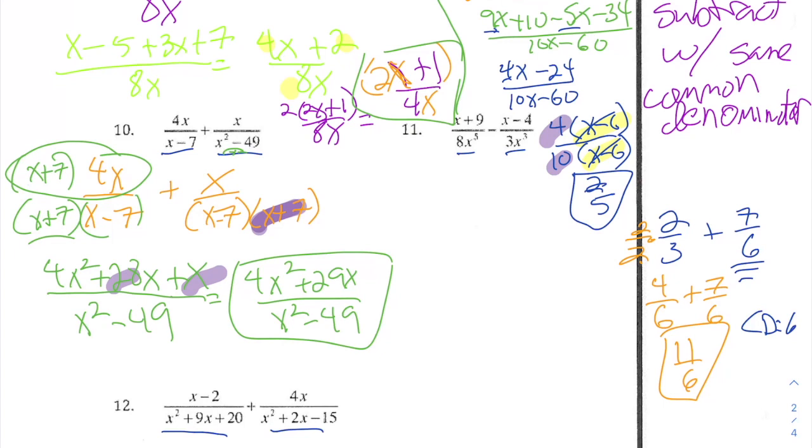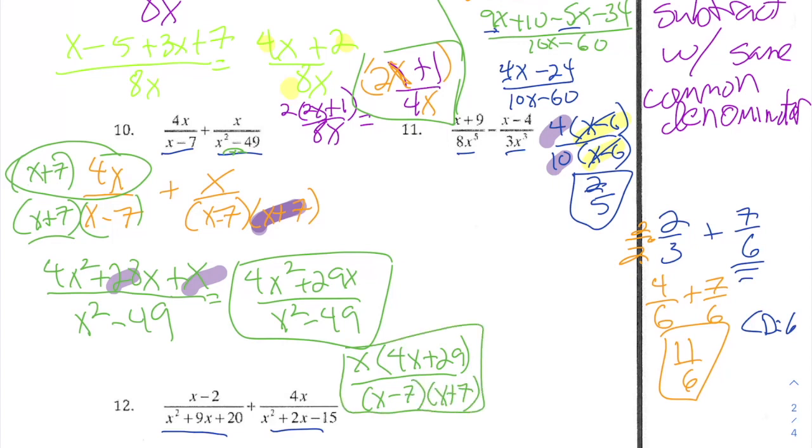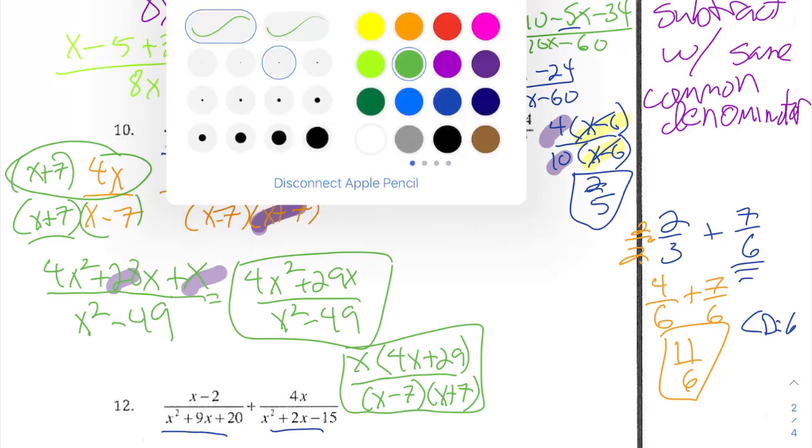And that answer is perfectly correct in my book. There are common factors, but if we break it down completely, we get a common factor of x, so that's x times 4x plus 29. And here, I guess you could write it as x minus 7 times x plus 7. But you notice there's nothing else in common. There are no other common factors.